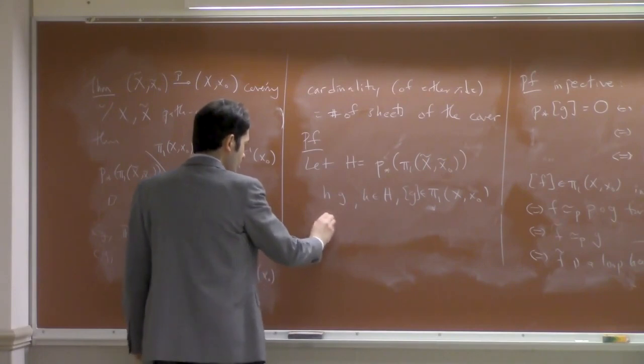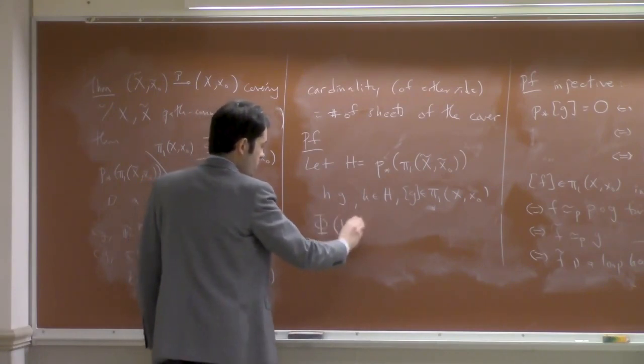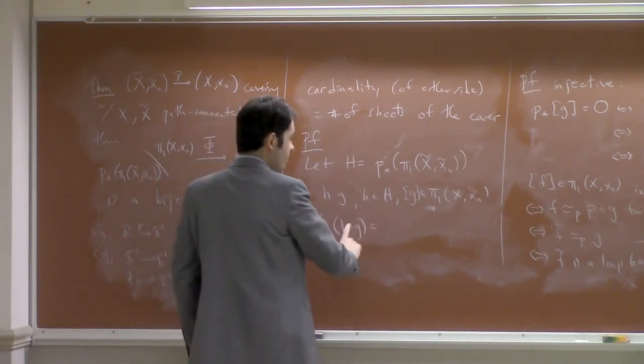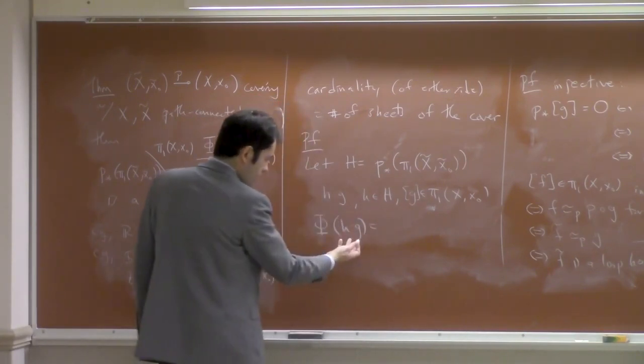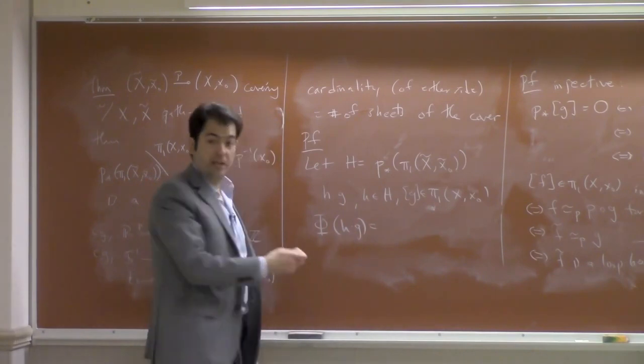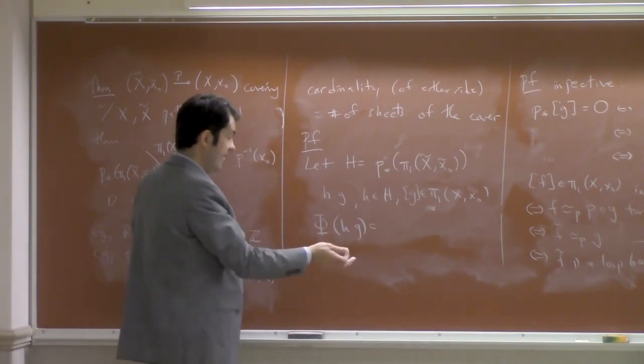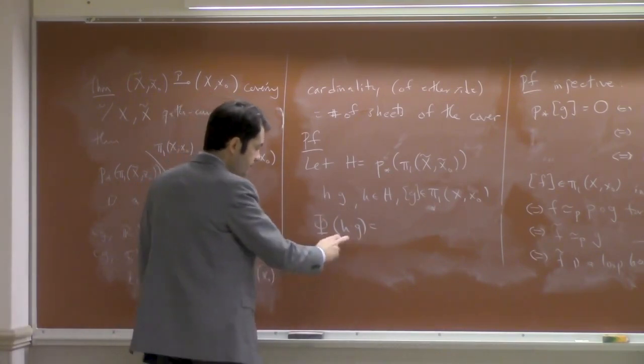Okay, so phi of h times g is by definition, take this loop, view it as a path, lift that path, and then look at the right endpoint.